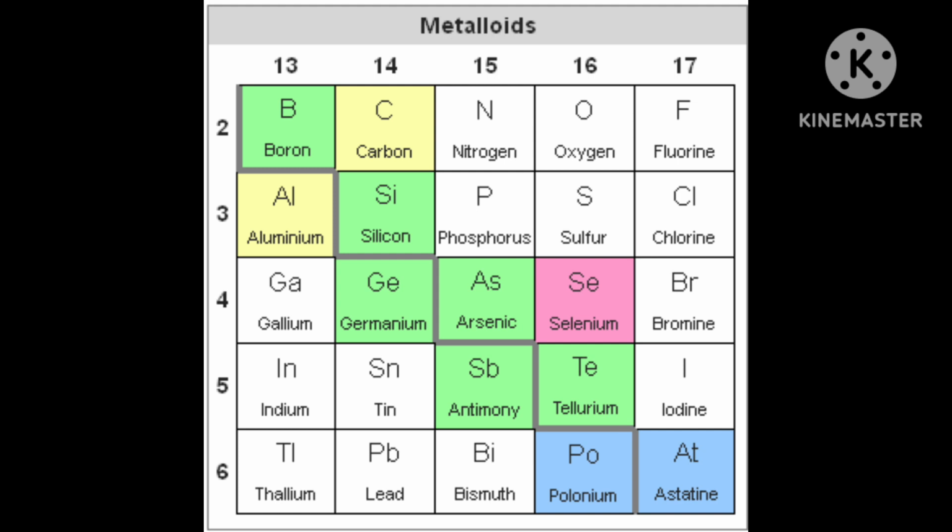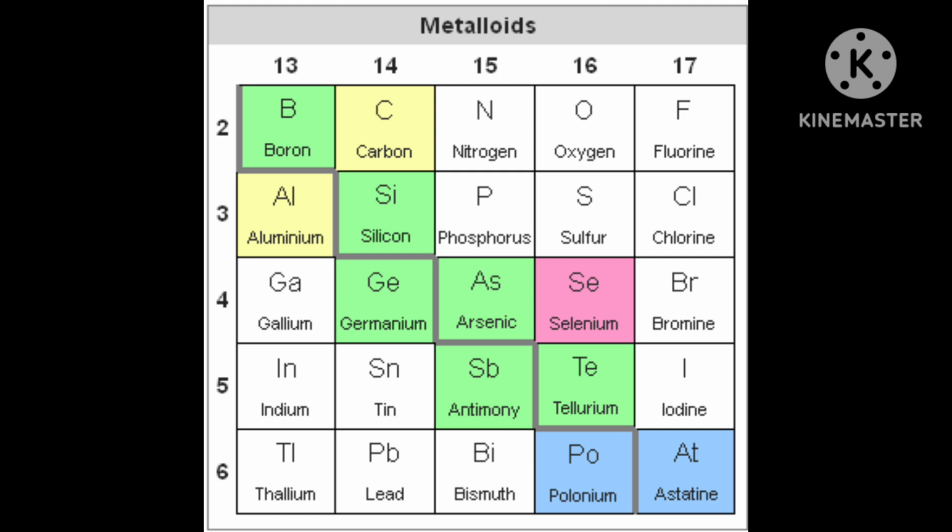Generally the atomic mass will be roughly double of the atomic number, up to 20. After that it will become more than double. Up to atomic number 20, the atomic mass will be double of the atomic number.